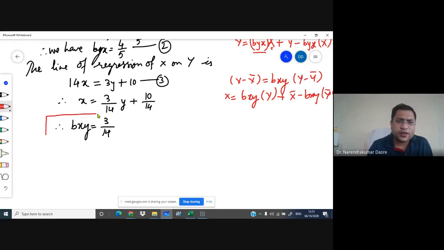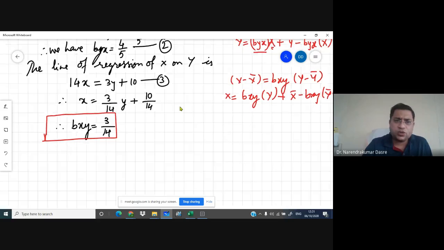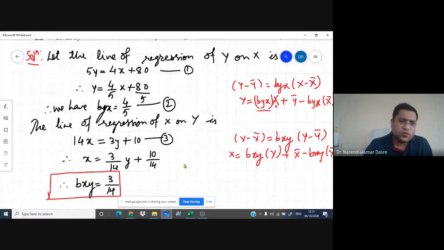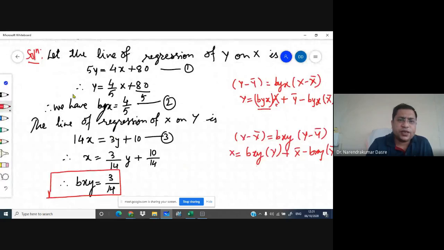And now we have to check whether the calculations we have done are wrong or correct. So these calculations are correct. Why? Because you can see the sign of bxy and byx is the same. This is positive, this is positive.